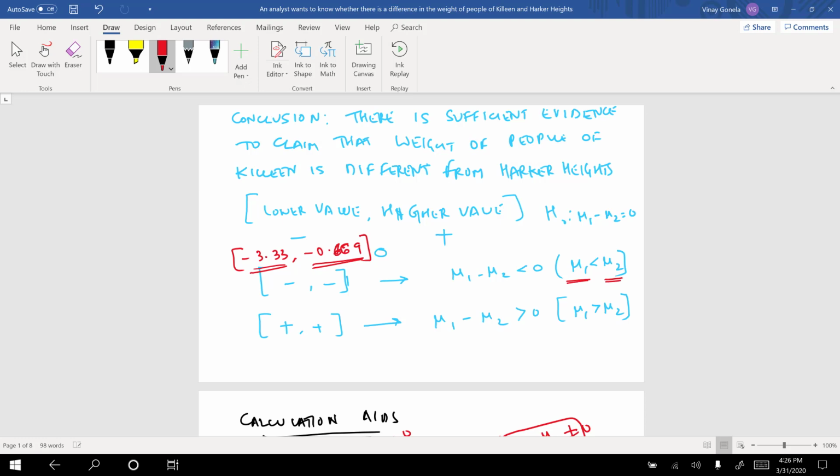That means Killeen has less weight compared to Harker Heights, because these numbers are negative. And it makes sense because when you subtract a smaller number minus the larger number, you should get a negative number. So this represents mu1 minus mu2 together. So this concludes my lecture on hypothesis testing for two population means using Zstat. Thank you.